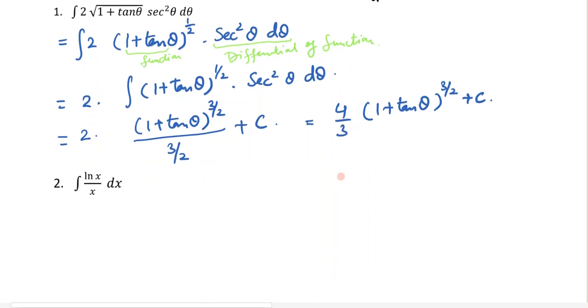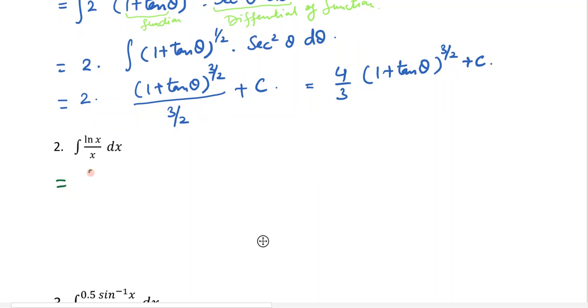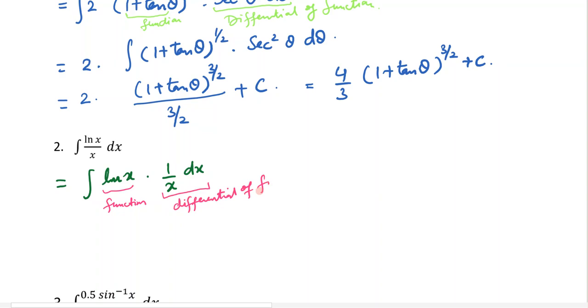So in the next example, I'm just going to rewrite it again. So we have ln x over x dx. Again, we know how ln x and 1 over x are related. So I'm just going to rewrite this as ln x times 1 over x dx. So ln x is our function, and 1 over x dx is the differential of the function ln x.